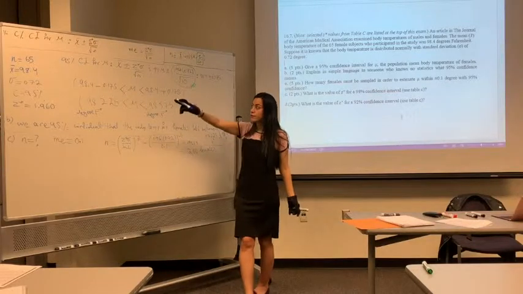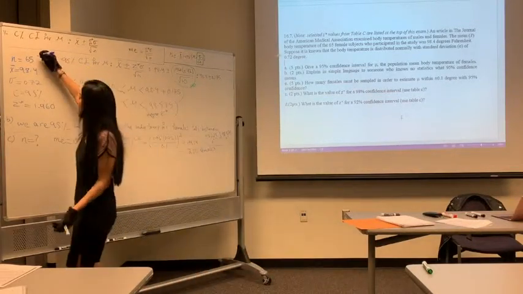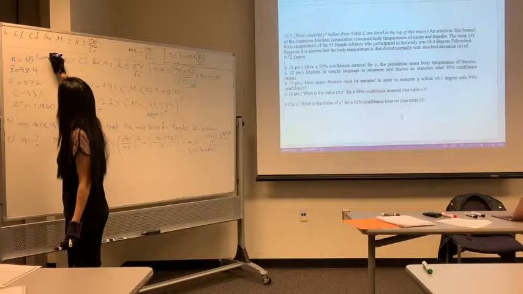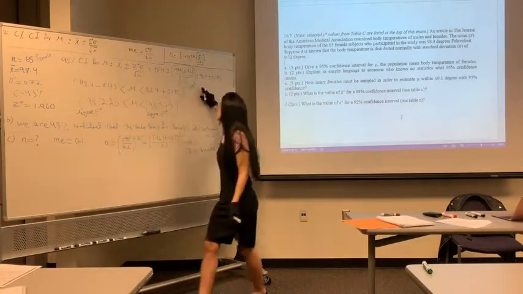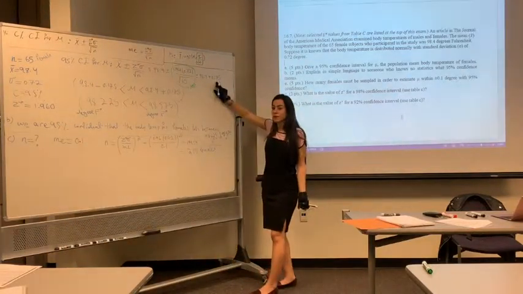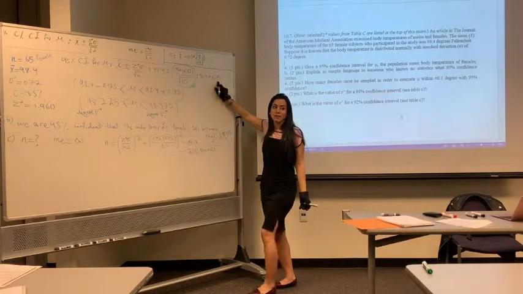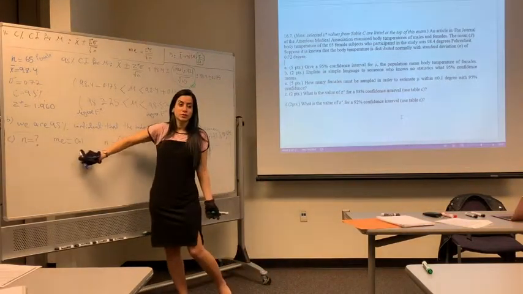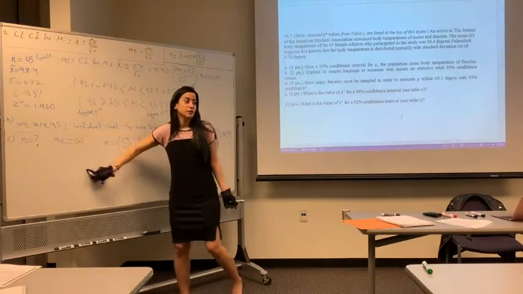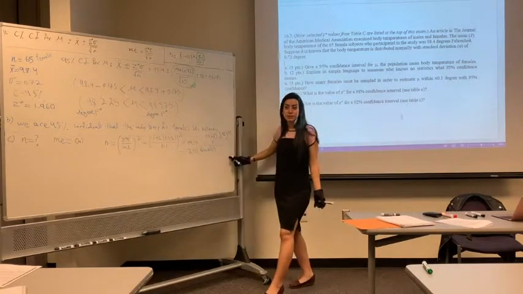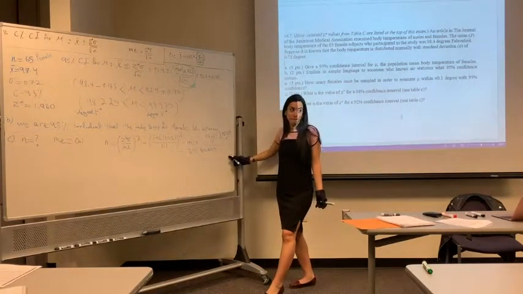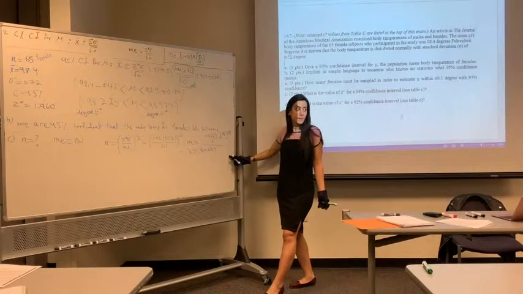Previously we were using 65 individuals and the margin of error was 0.175, right? Now we decreased the margin of error to 0.1, so the sample size increased to 200. Correct?